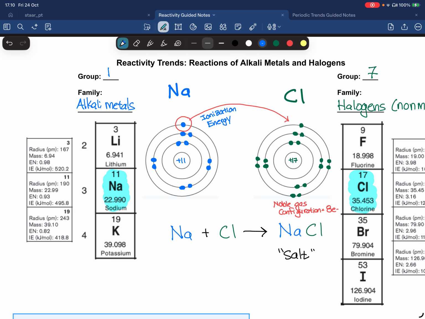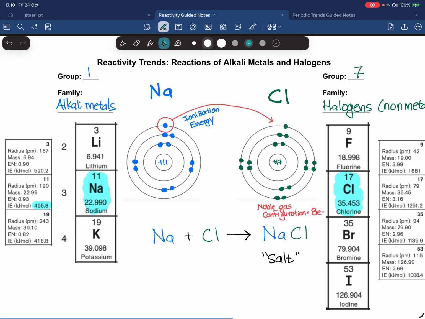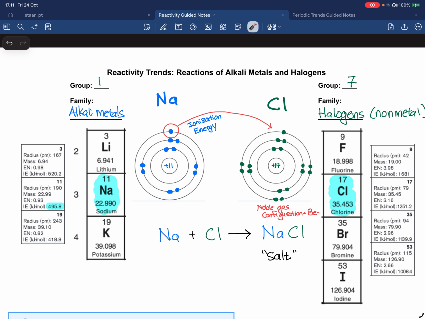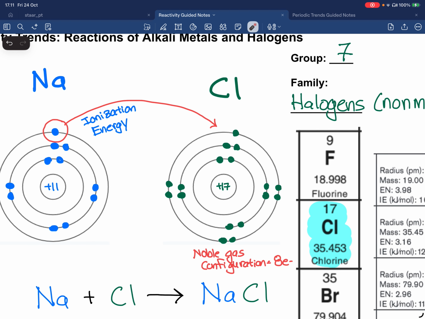And the ionization energy for sodium is 498.5. All right, now, chlorine wants to accept the electron. It is attracting the electron.